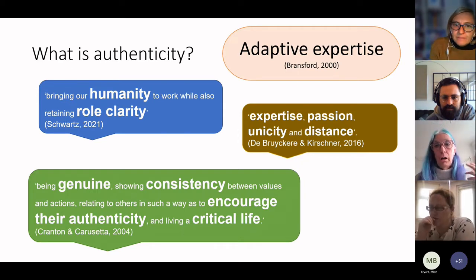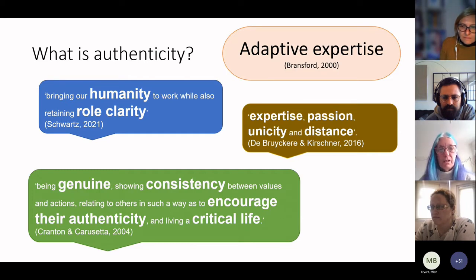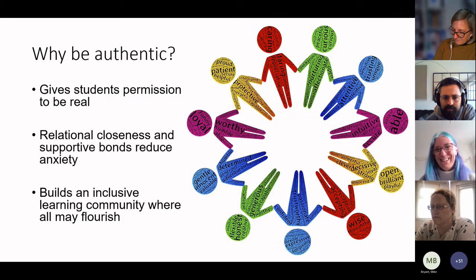So you are improvising, you're not just performing robotically. Hatano and Inagake bring forward the difference between procedural and conceptual expertise. So the virtuoso, the adaptive expert, is a person who isn't just following the rules, they are understanding the concepts and responding from there. So those are my definitions, but there's a load of really great stuff out there.